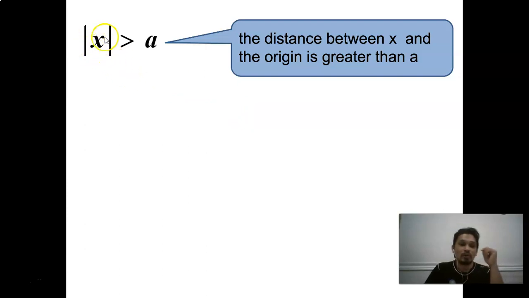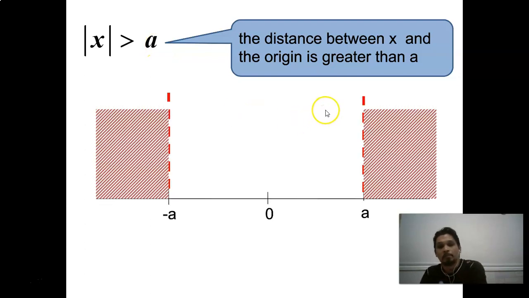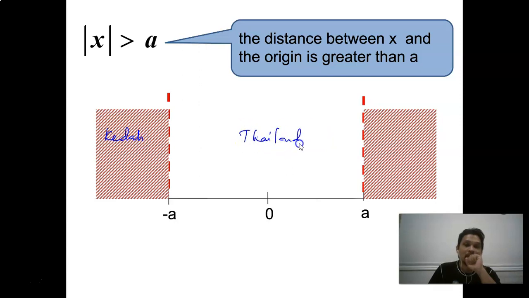But when it comes to modulus of a function of x, or f(x), greater than a, it is either here or here. Just imagine that this is Kedah, this is Thailand, and this is Kelantan. You are allowed to stay only in Malaysia. So which of these is in Malaysia?